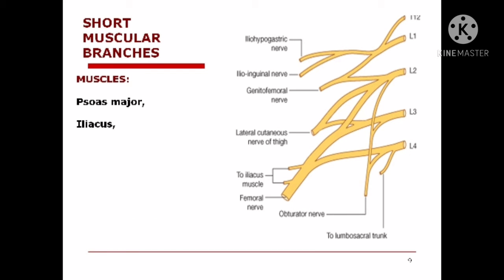Short muscular branches from the lumbar plexus. These are for the psoas major muscle and the iliacus muscle. As the lumbar plexus is formed upon the mass or the belly of the psoas major muscle, it gives supply to the psoas muscle and also to the iliacus muscle.